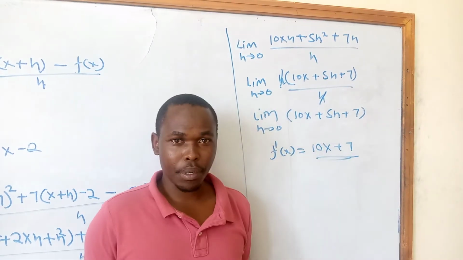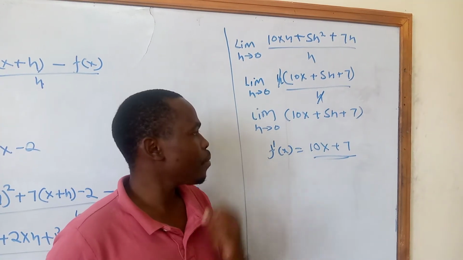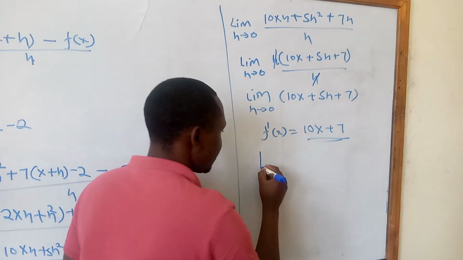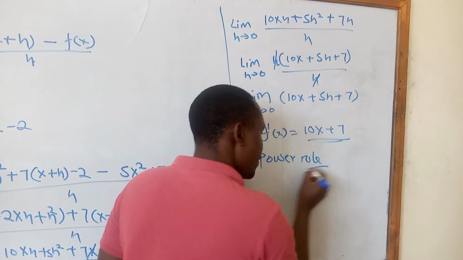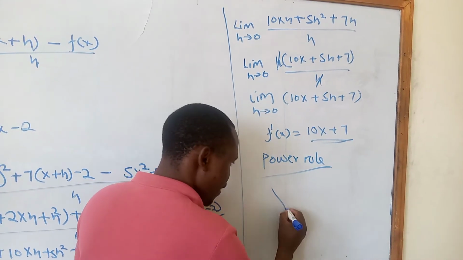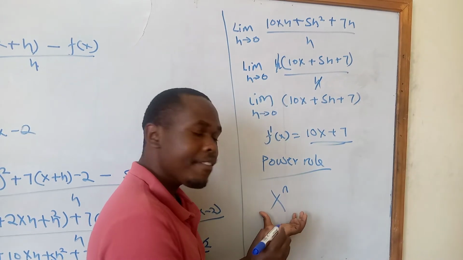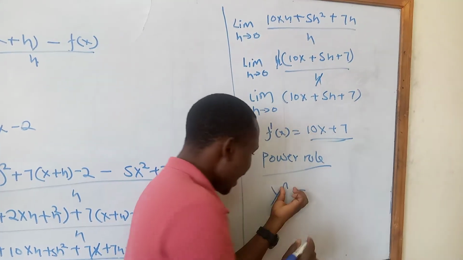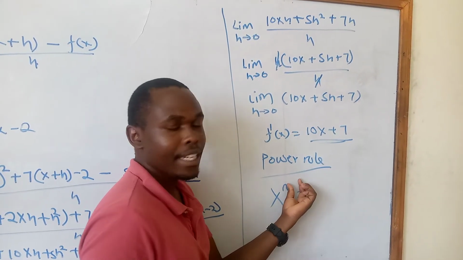It is very simple. This is the first principle. But for the shortest way, you can use the power rule. Maybe I should write it here: power rule. The power rule says, if I have x raised to n and I want to find the derivative of this, I multiply by this n, then I subtract 1.